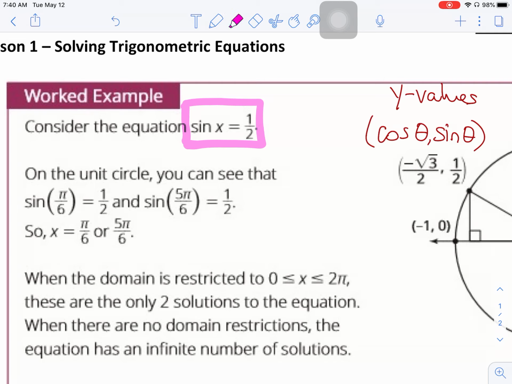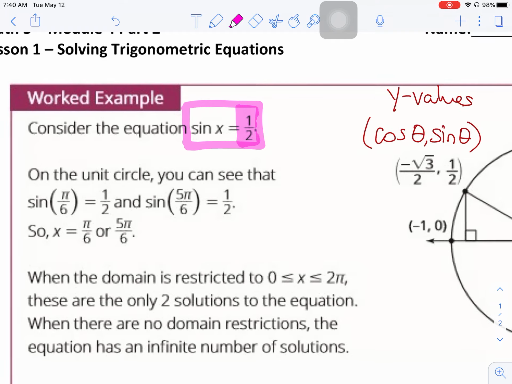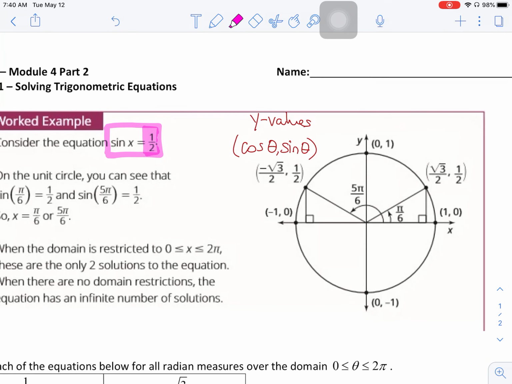Okay, so if I look at sine of x equal to 1/2 here, what I want to do is look for any points on the unit circle, and I do mean any points, that have a y value of 1/2. And if you look at the unit circle, and I know this worked example has a partial unit circle, there are two places here.